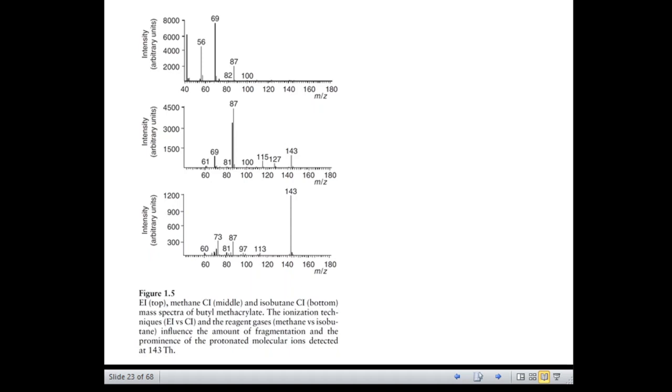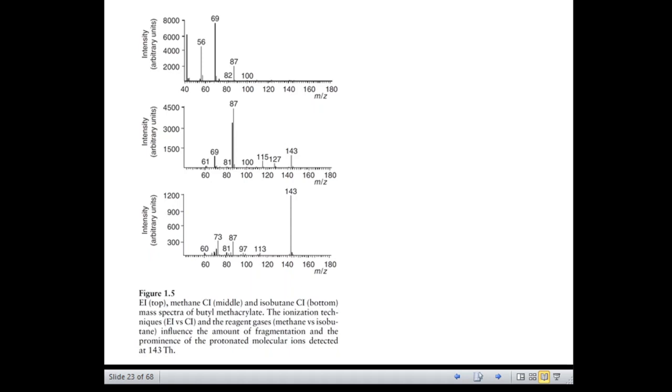The methane reagent gas and isobutane reagent gas chemical ionization mass spectra of butyl methacrylate give the protonated molecular ion, but the degree of fragmentation is different for both the reagent gas types.